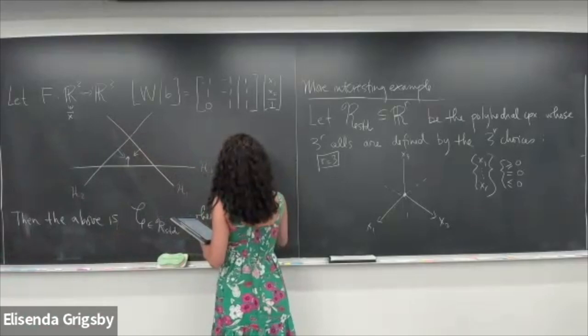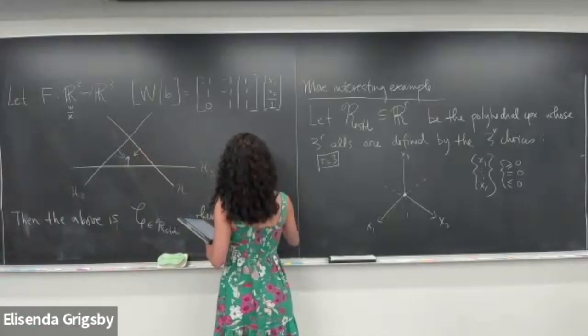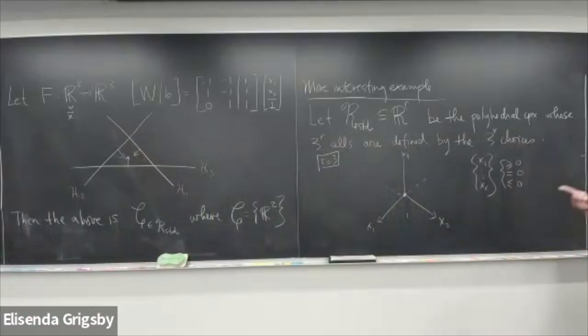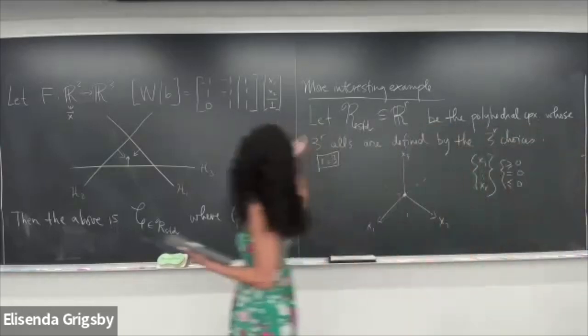C is just this trivial polyhedral complex in R^2. And R standard is the one that I wrote over here.